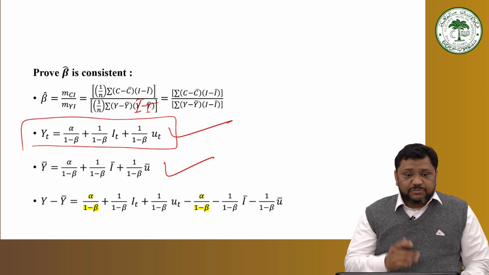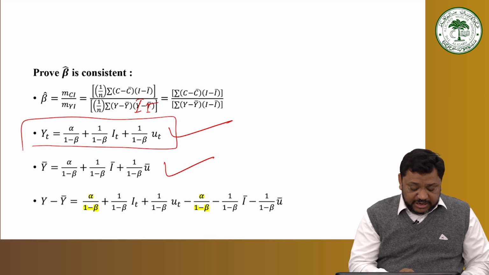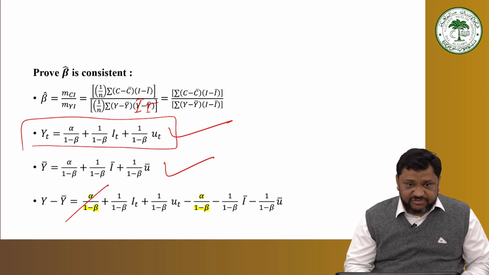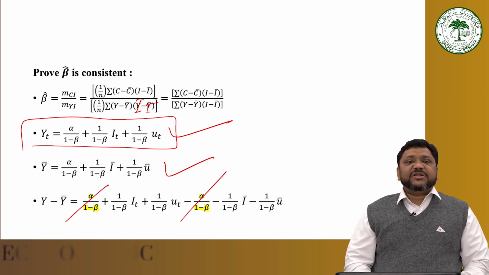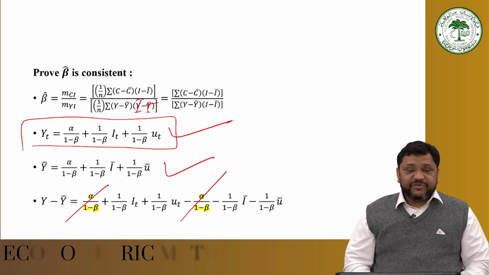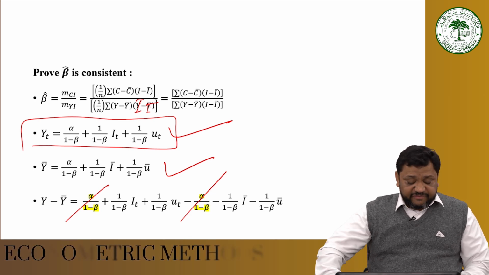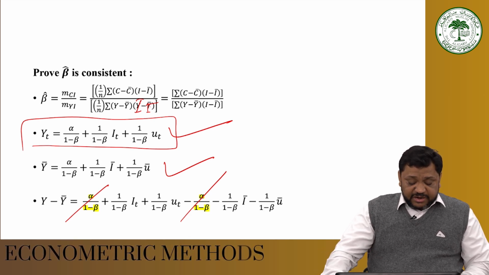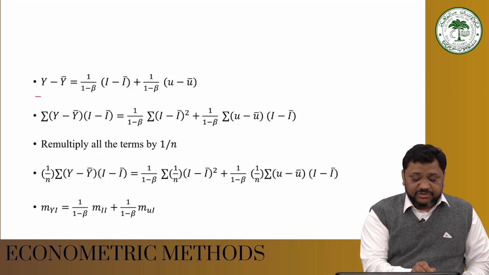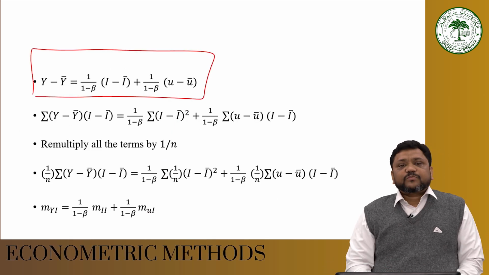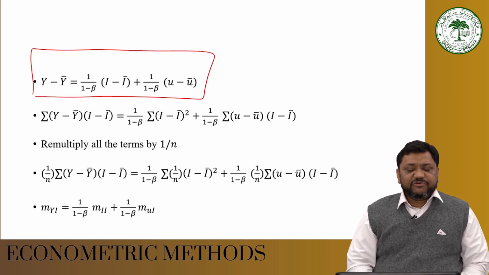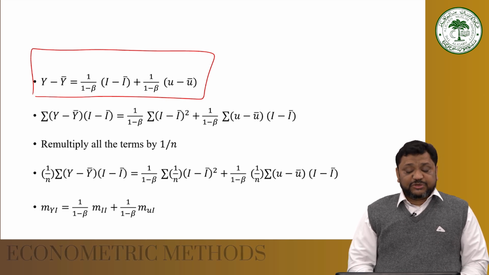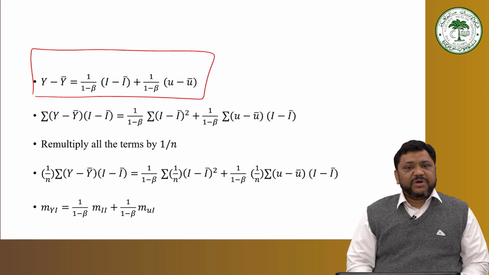Now the terms highlighted with the yellow color, that is alpha over 1 minus beta with plus and minus, we can cancel. So what we are left with is y minus y bar equal to 1 upon 1 minus beta I minus I bar plus 1 upon 1 minus beta U minus U bar.